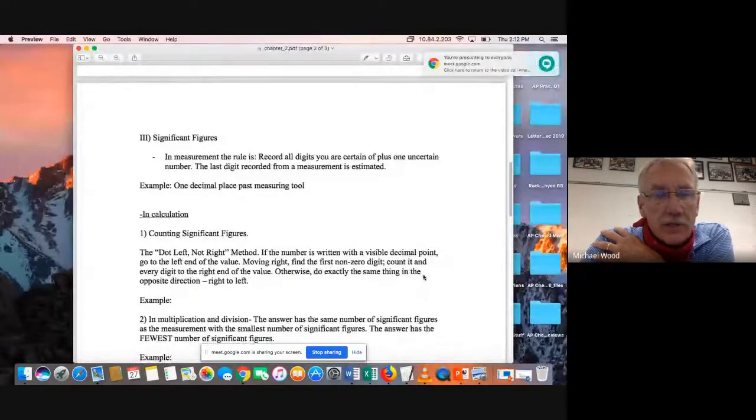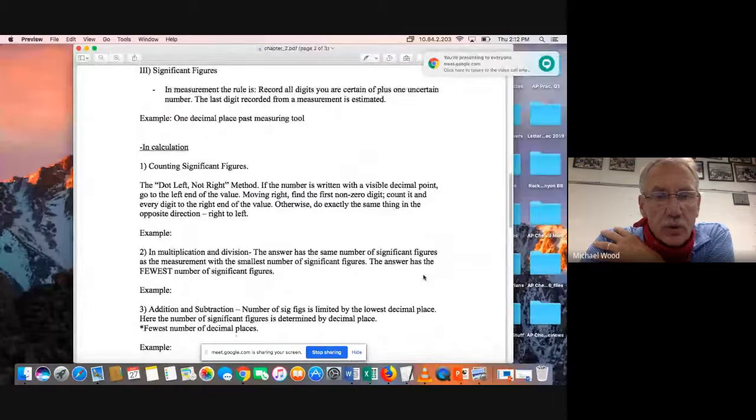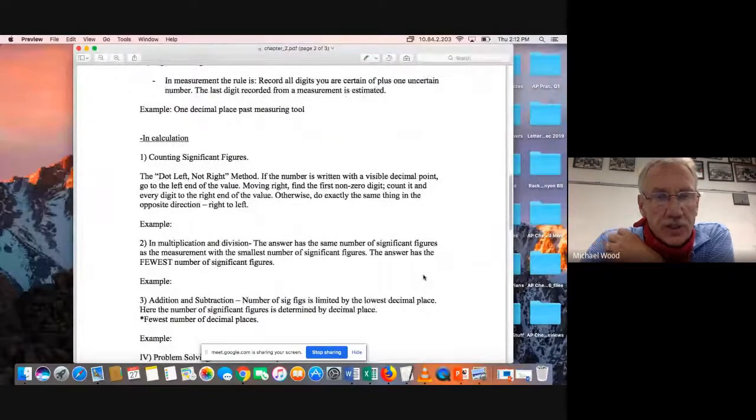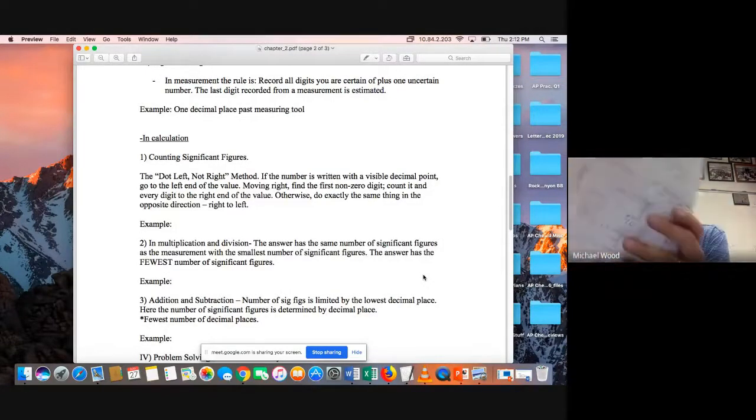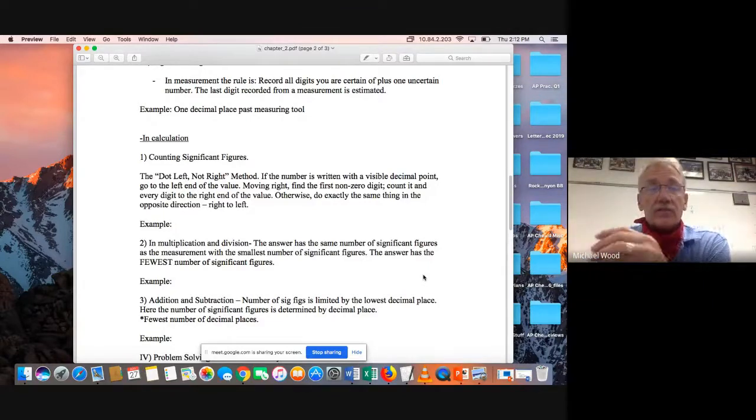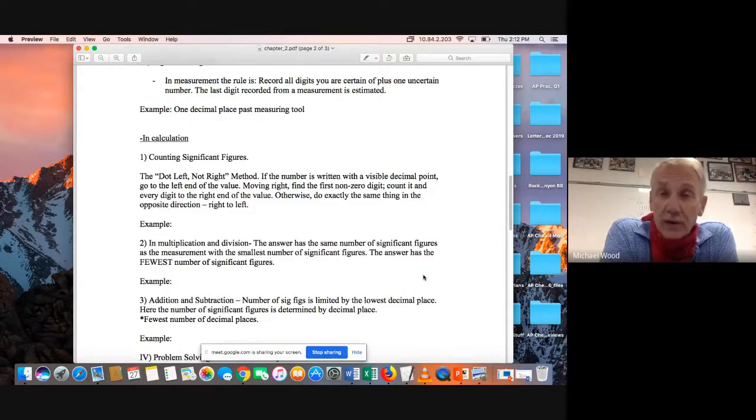Okay, so now the rule about multiplication and division. We talked about measurement: whatever the measuring tool goes to, you go one more place. And now in calculation, first counting significant figures. The rule for multiplication and division is about how you round. The answer has the same number of figures as the measurement with the fewest significant figures.